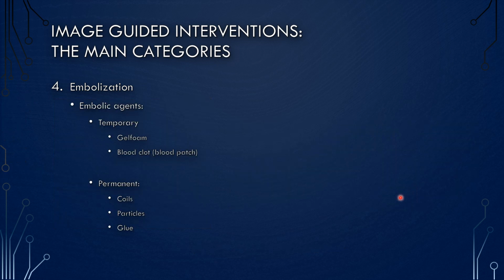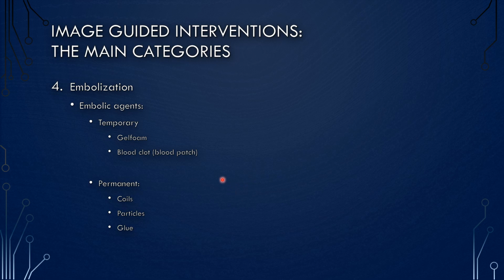So embolic agents are either temporary or permanent. We use temporary when we want blood supply to the organ to resume at a later stage, and we use permanent embolization agents if we want to cut the blood supply once and for all.